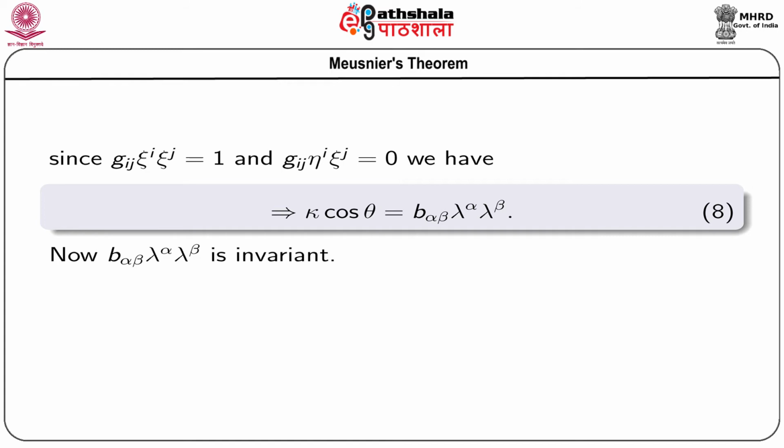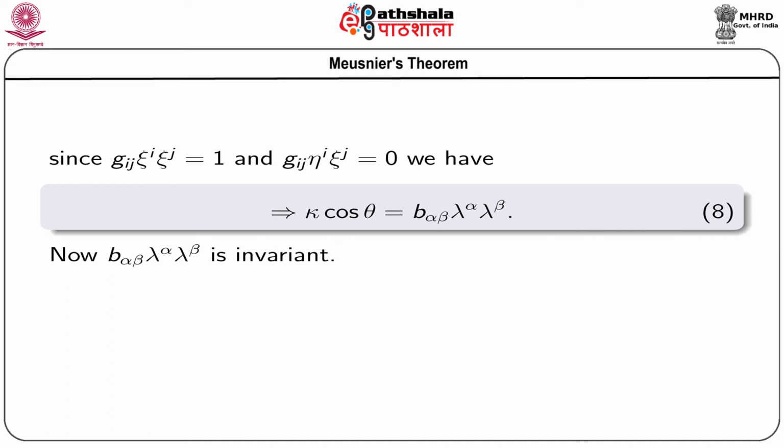Now, the right hand side of equation number 8, that is b_alpha beta lambda^alpha lambda^beta, is invariant, because b_alpha beta is a covariant symmetric tensor of rank 2, and lambda^alpha, lambda^beta are contravariant vectors. So, the inner product of them is invariant.